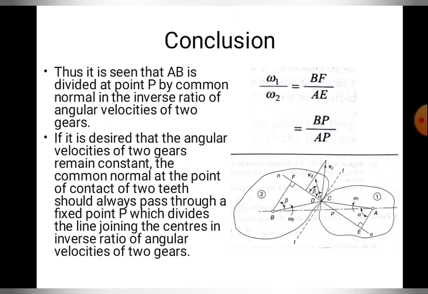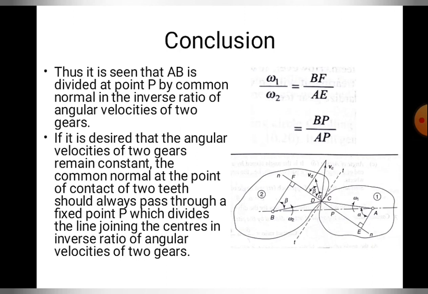So we can conclude that the line joining the centers, that is line AB, is divided by point P in the inverse ratio of the angular velocities of the two gears, as omega 1 is related to the first gear tooth profile and BP is related to the second gear tooth profile. Omega 2 is related to the second gear tooth profile, while the AP distance is related to the first gear tooth profile.